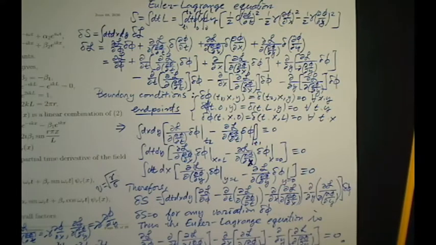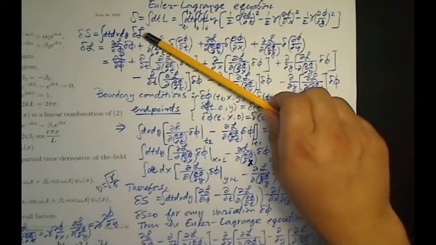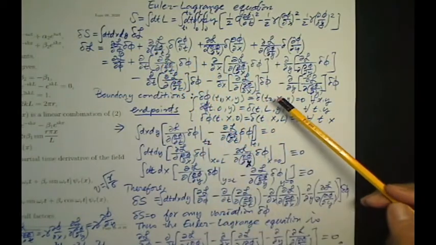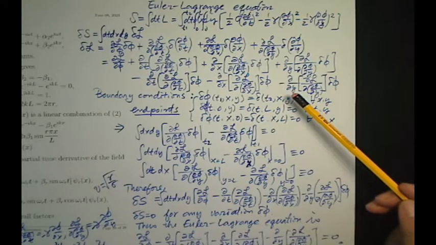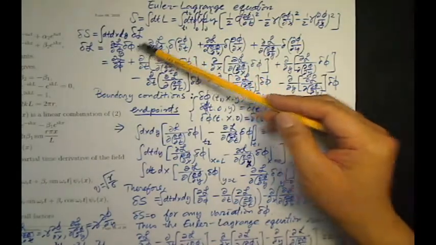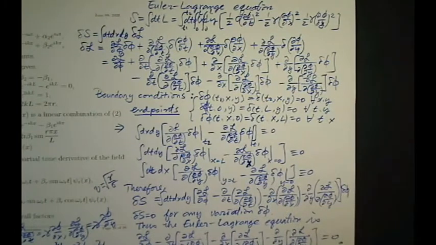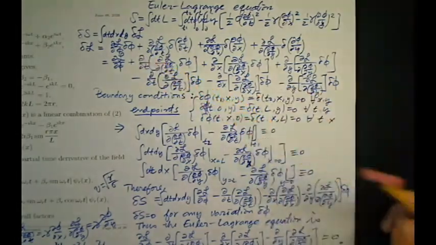In order to compute the variation of the action, we have to find the variation of the Lagrangian density. In general, the Lagrangian density must be a function of the generalized coordinate. In this field theory, that generalized coordinate should be the time-dependent scalar field phi. Thus, the variation should be made with respect to the scalar field.